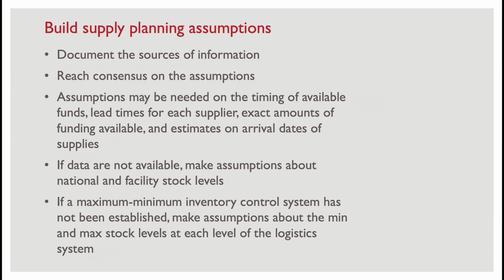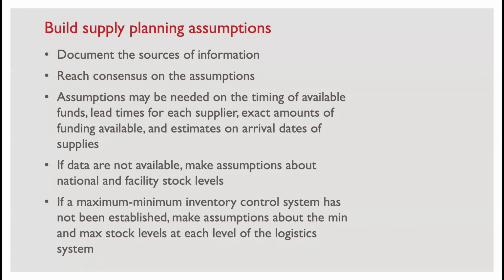The second step in the supply planning process is to build our assumptions. So just as we did with forecasting, we will have to make some assumptions about elements of our supply plan. And here are some guidelines related to some of those assumptions.